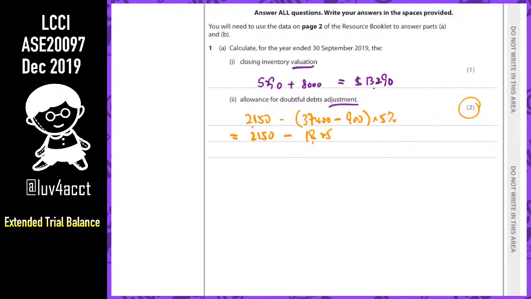Let me check the figure. 1825, yes. 325, okay, decrease. Okay, 18 marks finished.